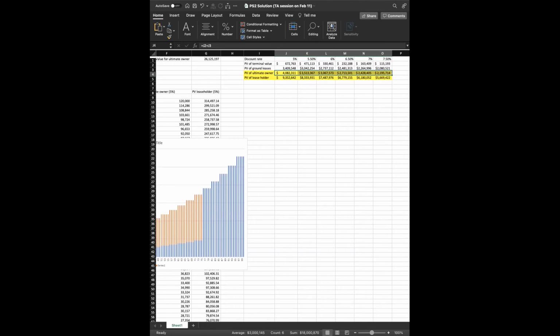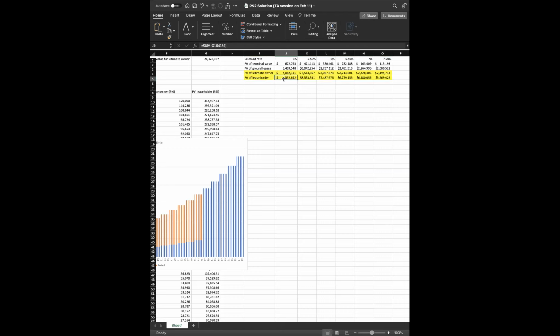Which one do you prefer? Do you prefer to be the ultimate owner or the owner of the ground lease payment? This question is the reason why I do the same thing for the leaseholder. Why do I calculate the present value? This is not the only right answer, I would say. My view is based only on value, which one is worth more and which one is worth less.